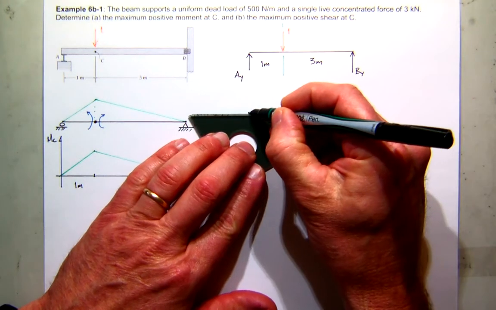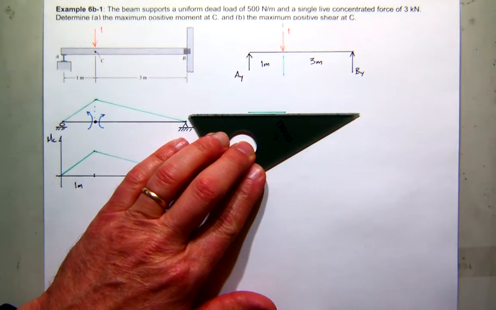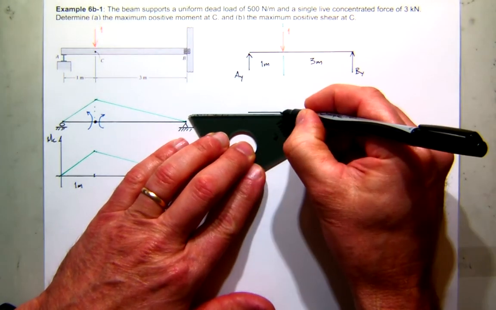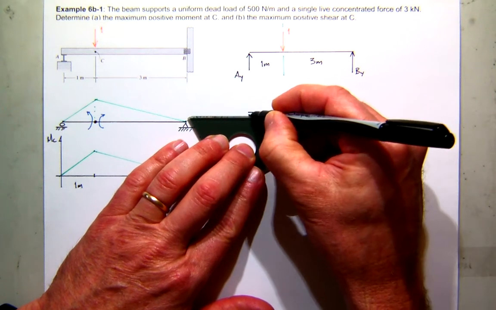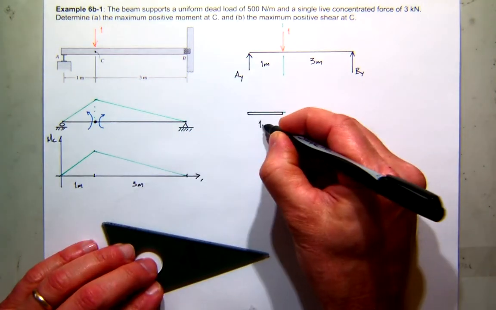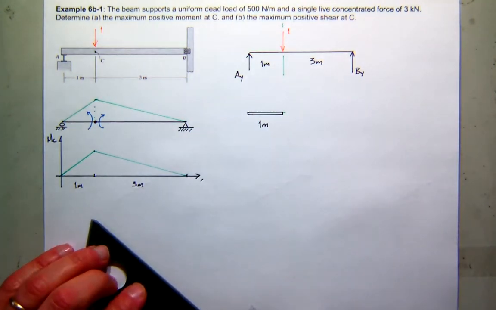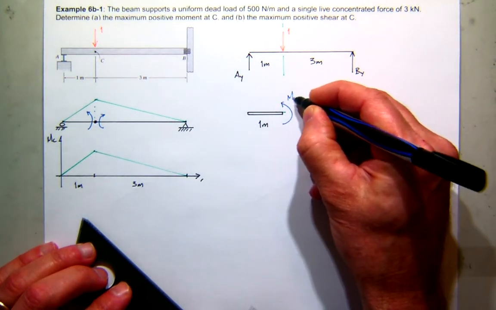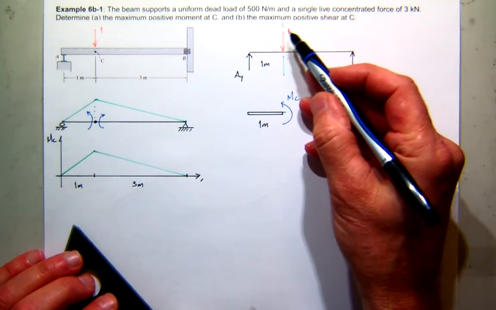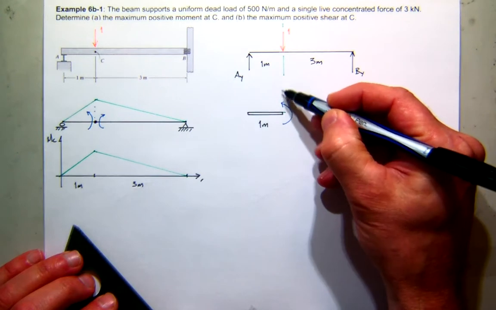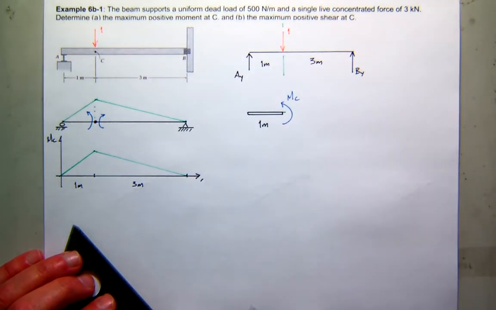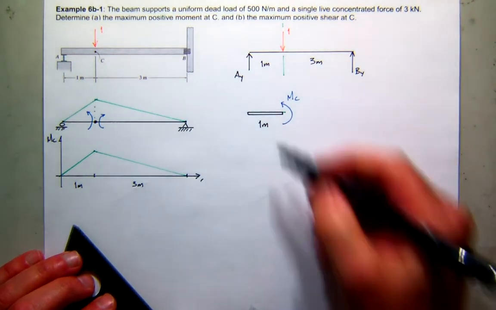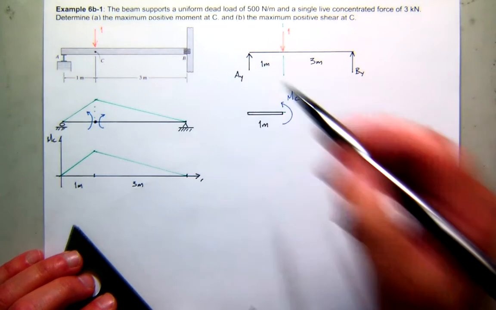So if I were to cut this structure at C, which means this piece is 1 meter long, I could then find the internal moment at C. And you'll notice my unit load is right at the cut, so it's not going to create any additional moment. The only thing that's going to create moment here is AY.